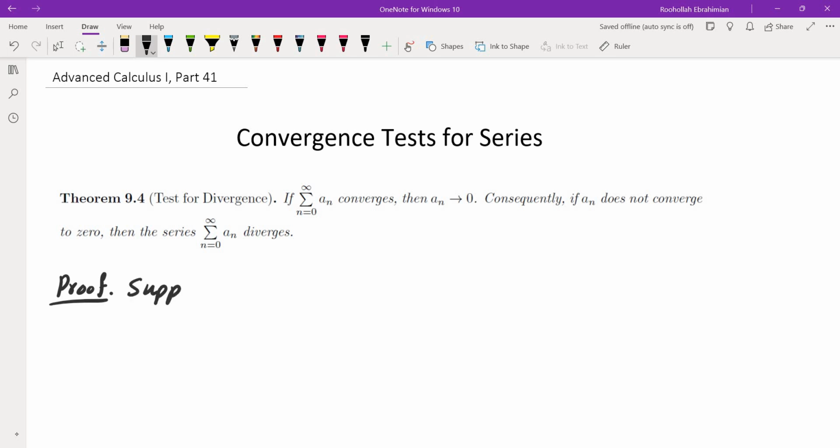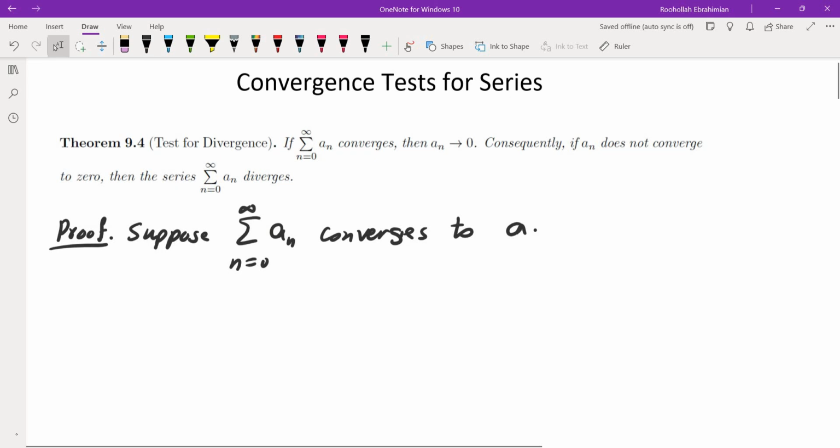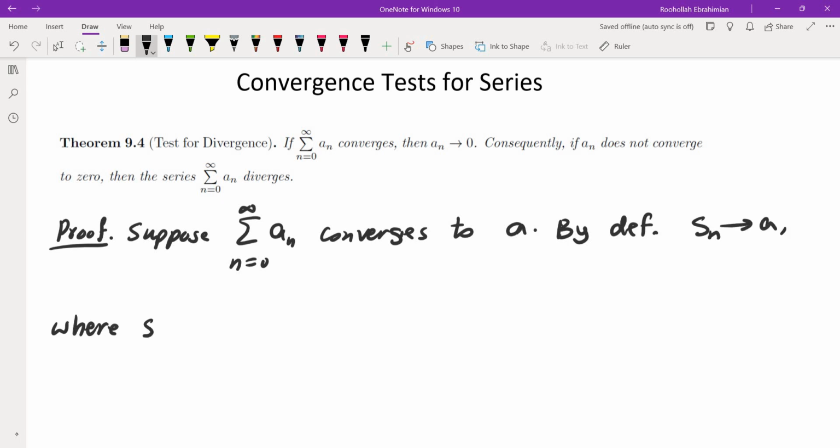So suppose the series converges to some number a. So this means by definition S_n converges to a, where S_n is just the sum of a_k, k equals 0 to n.